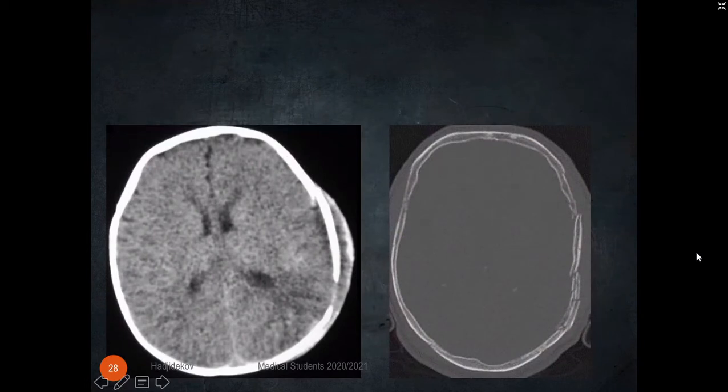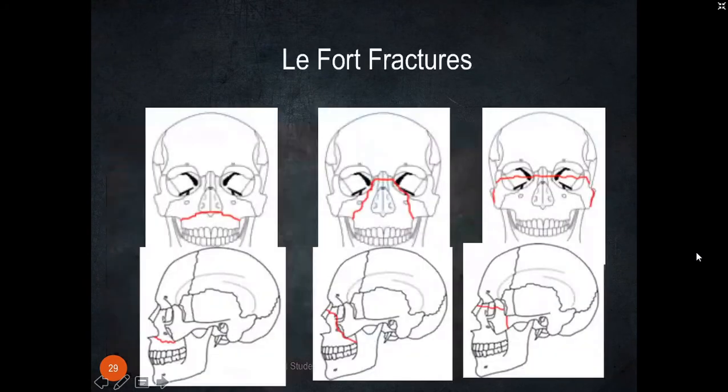If you look at the bone window here on the right side, you can identify and differentiate between the tabula interna, the tabula externa, and the diploe in the middle. The tabula externa is the outer part of the skull, the tabula interna is the inner part, and between them this translucency is the diploe. And of course, again, one hematoma here close to the fracture.